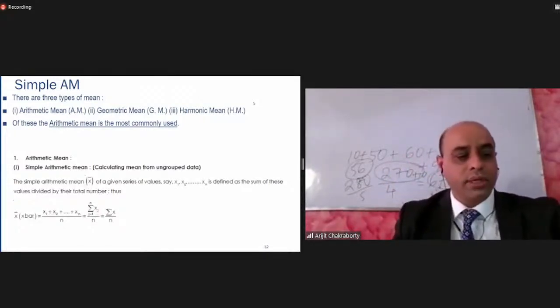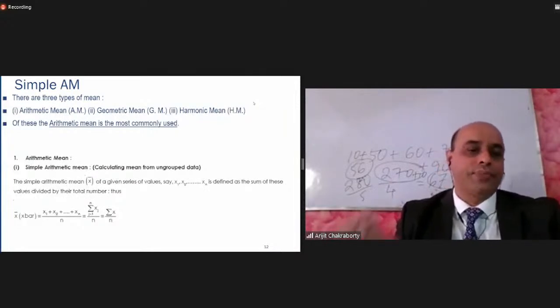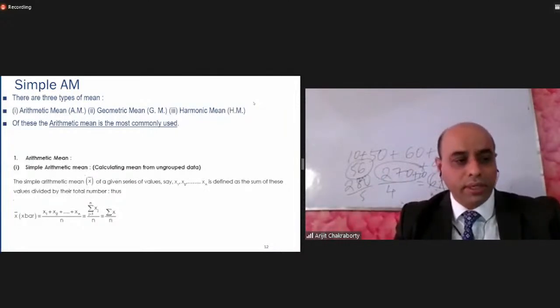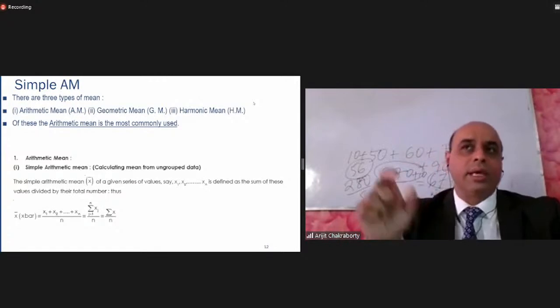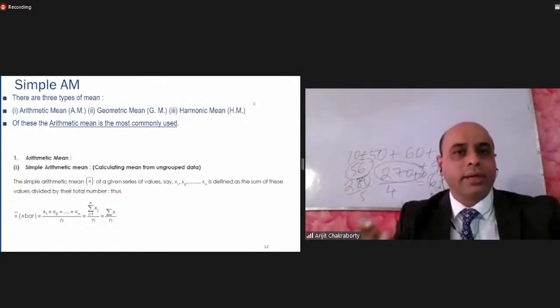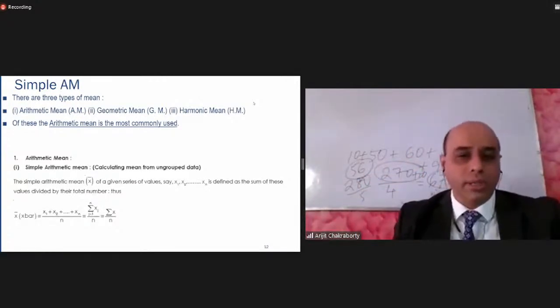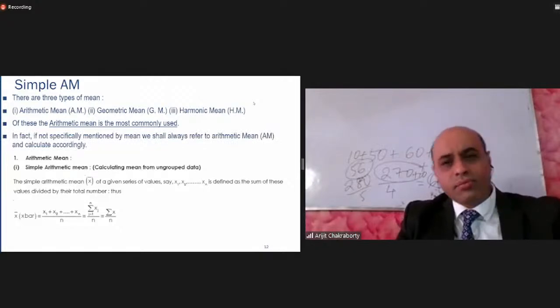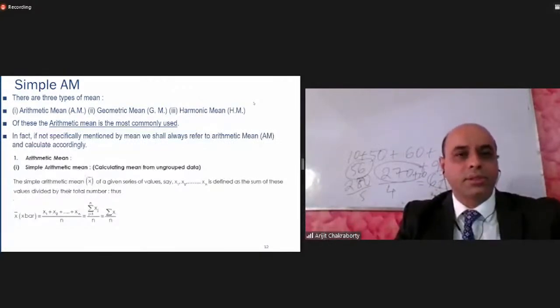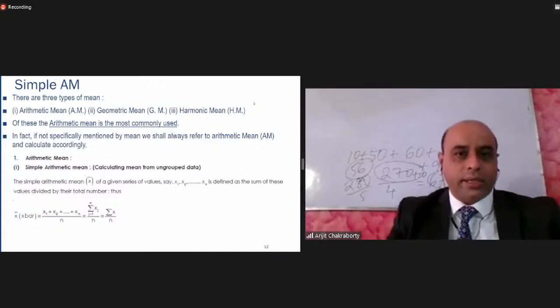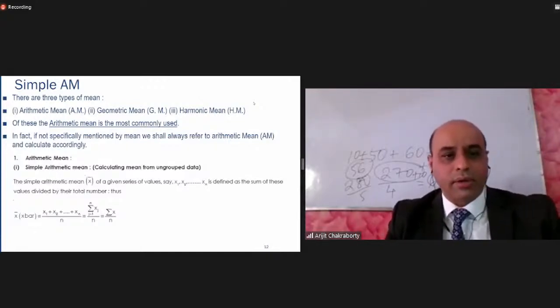So if a question comes asking which central tendency measure is most commonly used, AM, GM, or HM, the answer is AM. And we will find there are some calculations which we need to do for all three categories, AM, GM, and HM. There will be separate calculations.